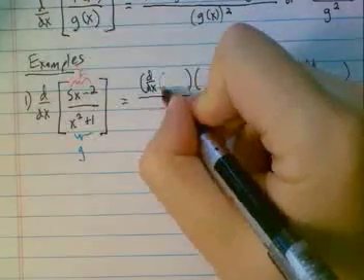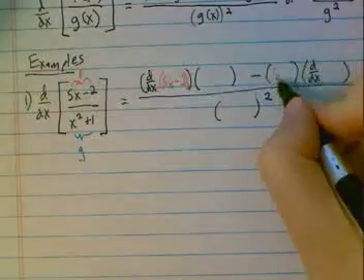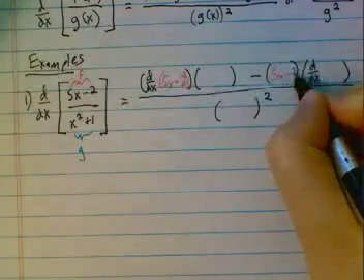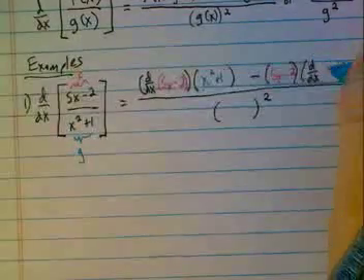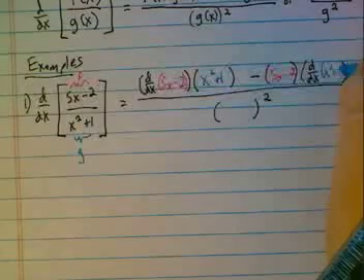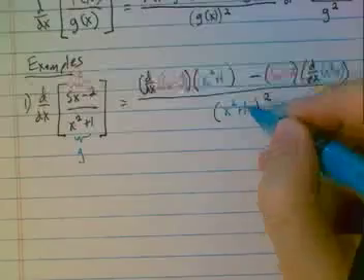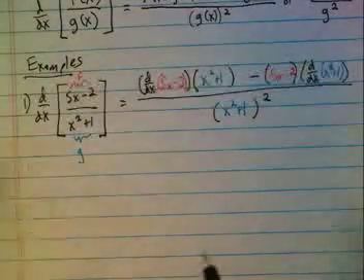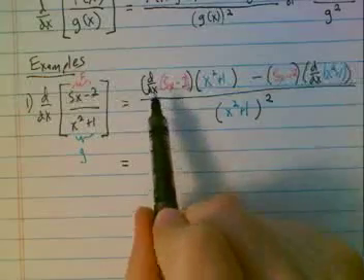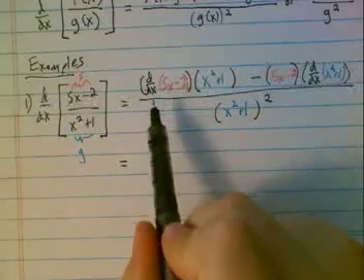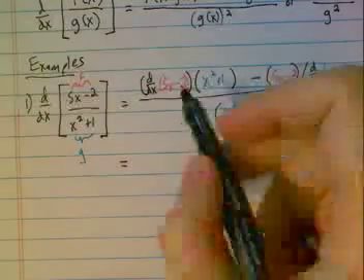Derivative of f, 5x minus 2. Here's our other f, 5x minus 2. Here's our g, x squared plus 1, derivative of x squared plus 1, and then x squared plus 1. So now all it's going to be is a bunch of kind of nasty simplifying, but it's nothing really that much more intellectually complex than what we were doing yesterday.